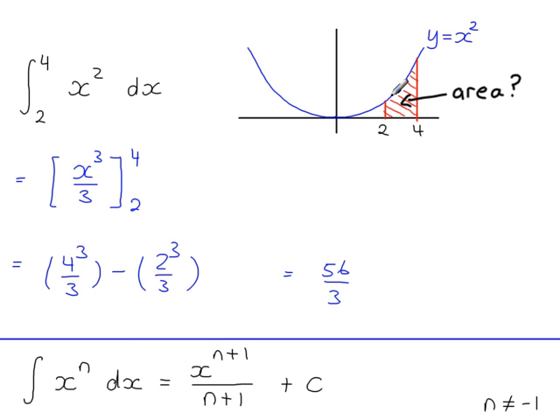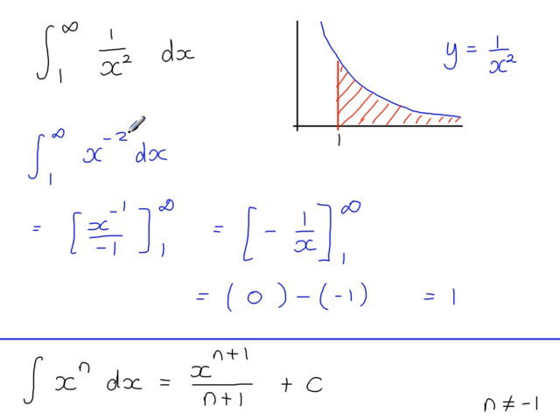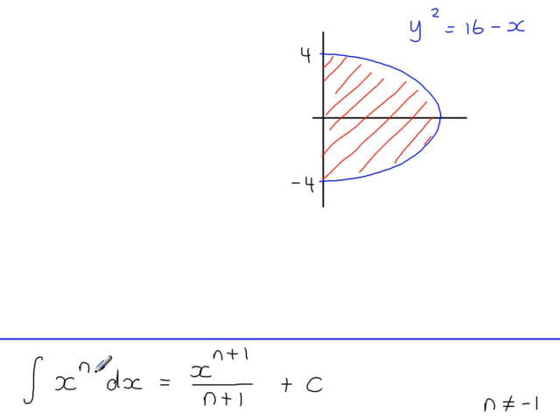So we had a function of x and then dx, but in this case we're going to have a function of y and then dy. So if we take the equation of the curve and rearrange it first to make x the subject, so x is equal to 16 minus y squared. This is our function of y.